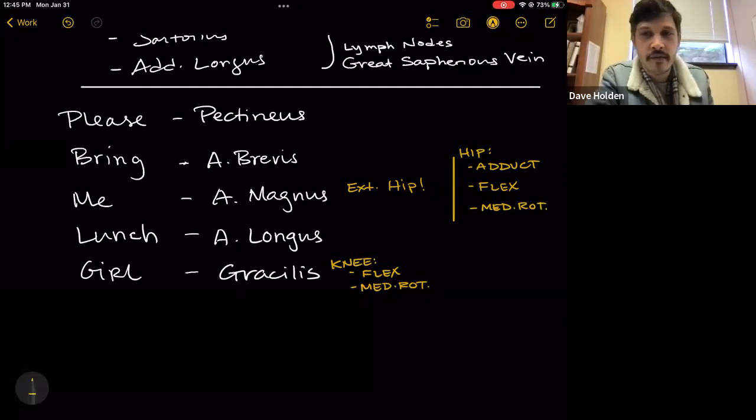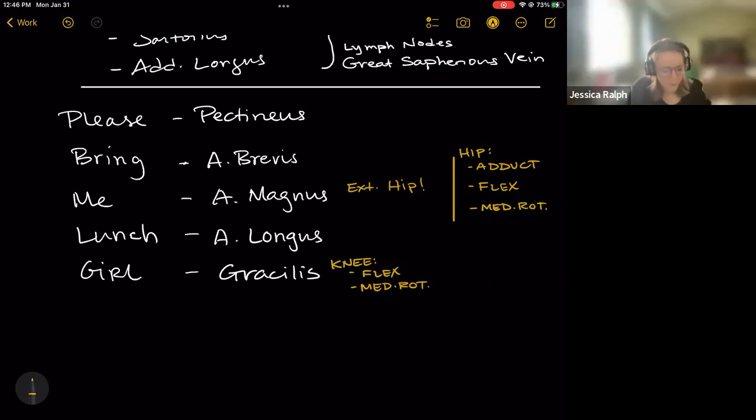Very, very good. What is the common insertion for many of the adductor muscles? Many of the adductor muscles share a common insertion. Medial lip of linea aspera.